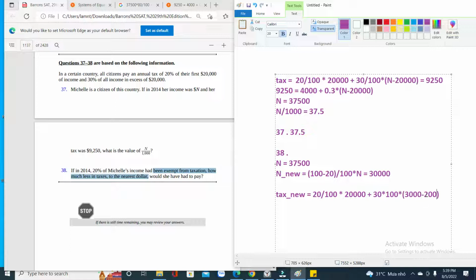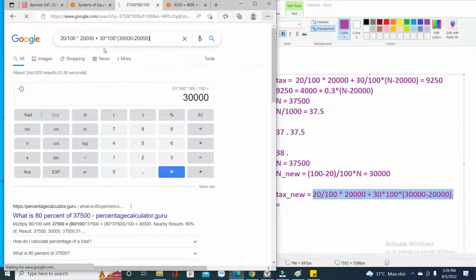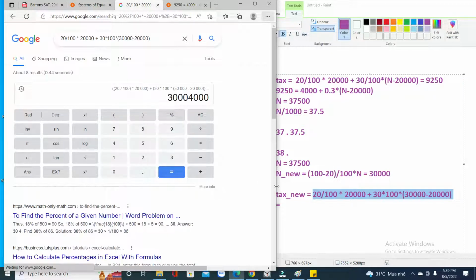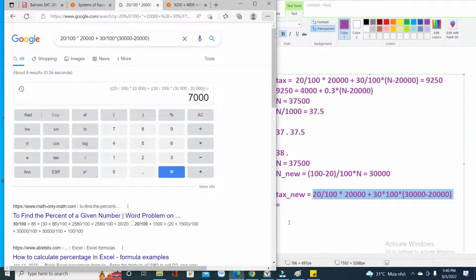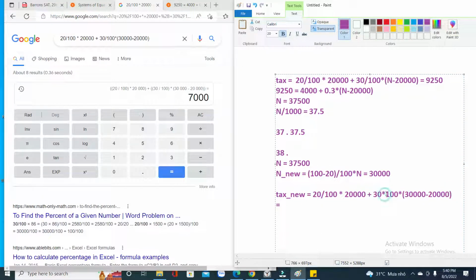So that's the calculation. Let's calculate the new tax. 30% of 10,000 is 3,000, plus 4,000, so 7,000.